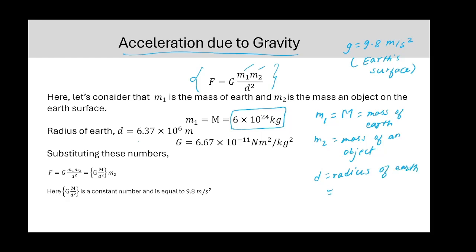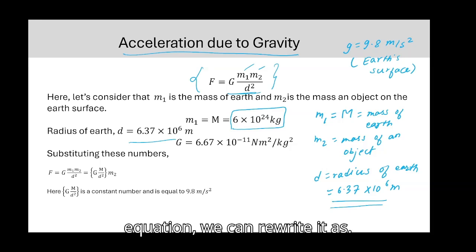which is 6.37 times 10 to the 6 meters. Now if we substitute these numbers back into this equation, we can rewrite it.